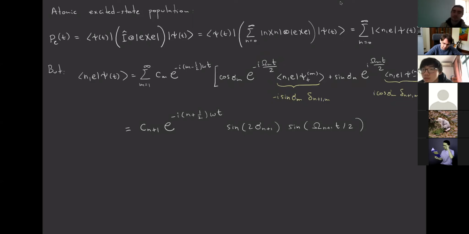Do this calculation carefully, and you will see that this probability amplitude is just equal to this factor here. And this is a very interesting structure because this oscillates in time with the Rabi frequency, the quantum Rabi frequency, and it has an amplitude set by this mixing angle. Whenever the mixing angle is large, then we get a large value. Whenever it's small, then we get a small value.